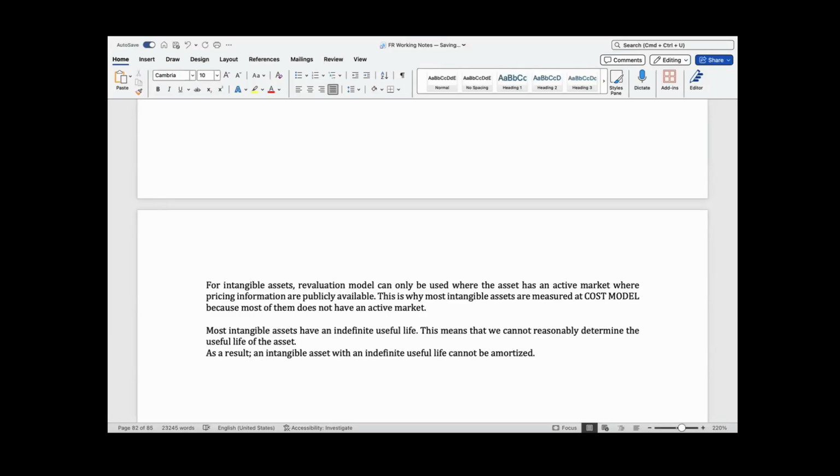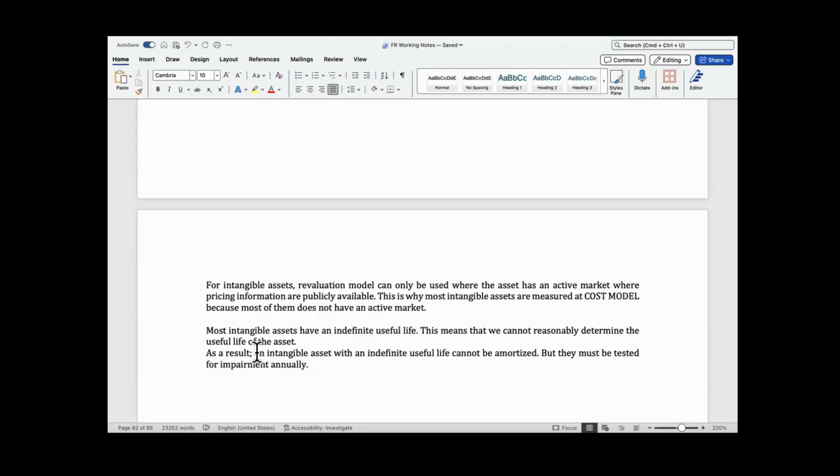So you cannot amortize an intangible asset with an indefinite useful life, but they must be tested for impairment annually. When you see an intangible asset with an indefinite useful life, you must test it for impairment every year.